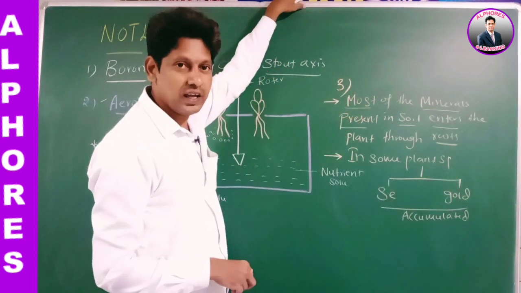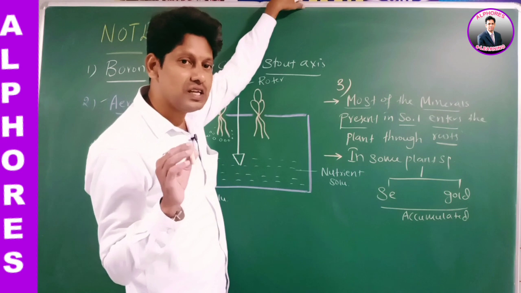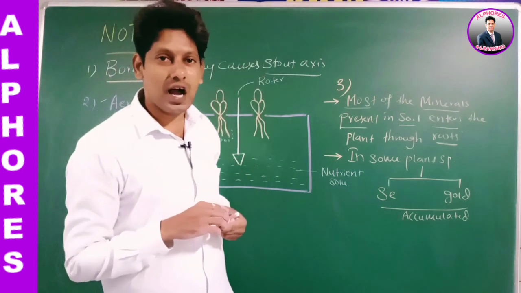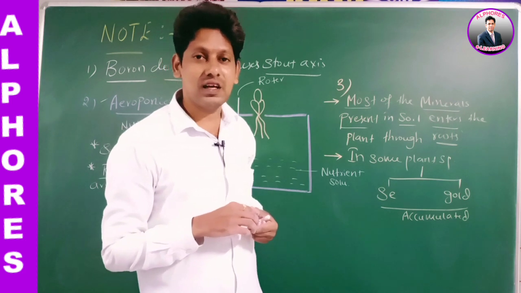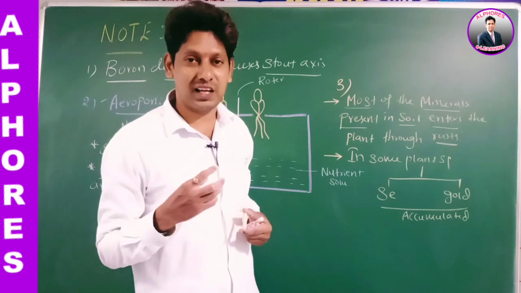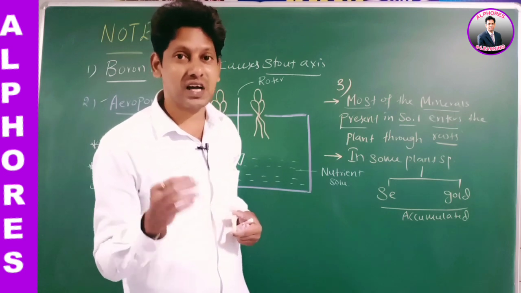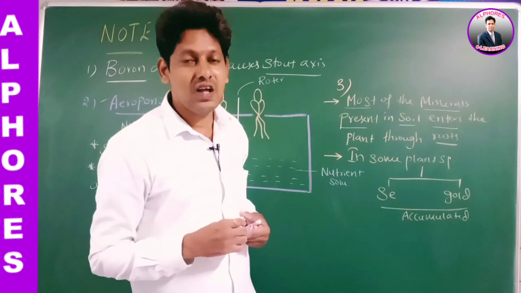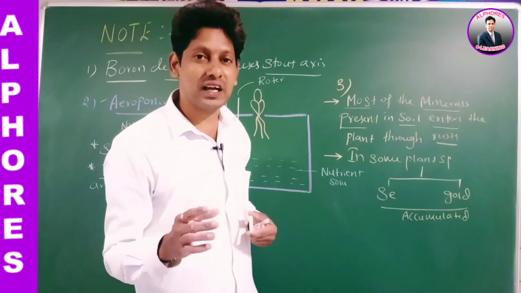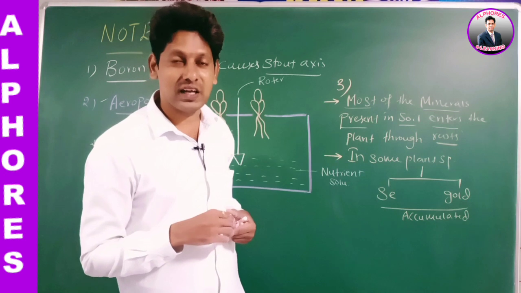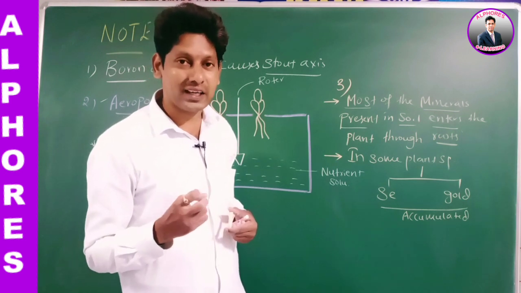Is this statement okay? Sir, the plants which grow near the nuclear test areas, after the discovery of nuclear weapons, after constructing nuclear weapons, these nuclear weapons are tested. Nuclear weapons generally contain radioactive elements.